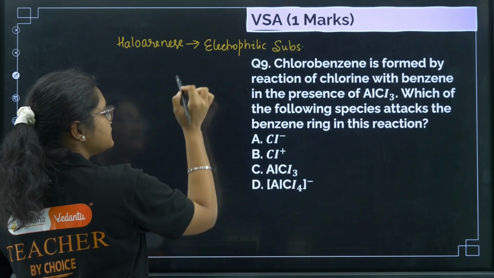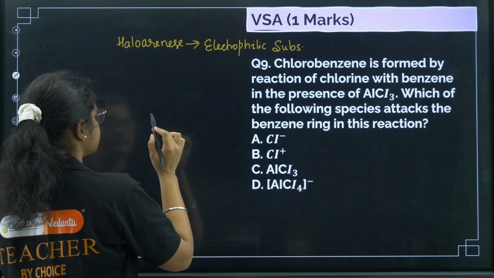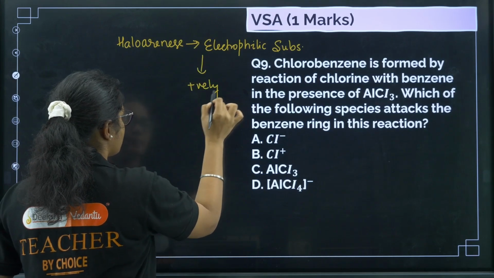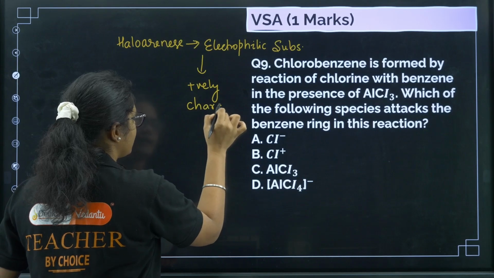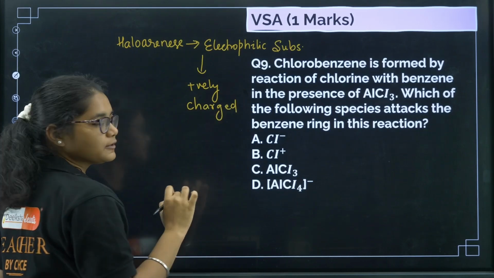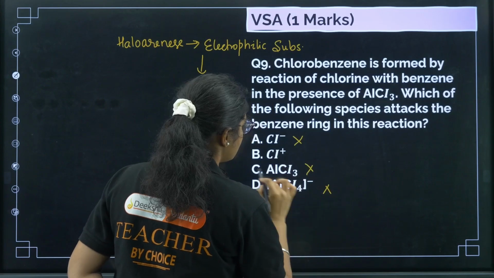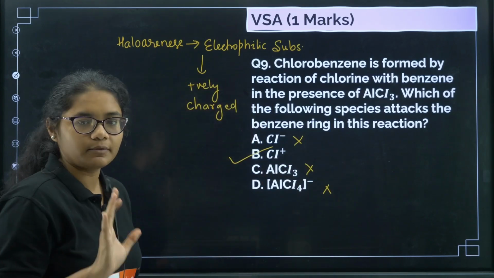In this electrophilic substitution reaction, the attacking ion should always be positively charged, because it is an electrophile. Seeing that, we can eliminate all these options and the correct answer will be option number B.